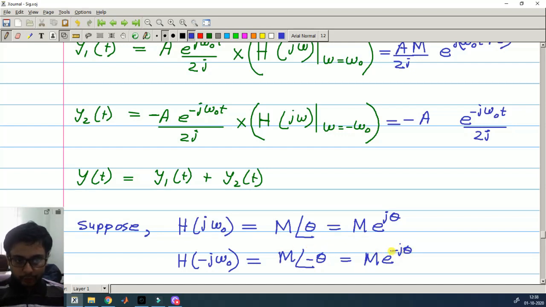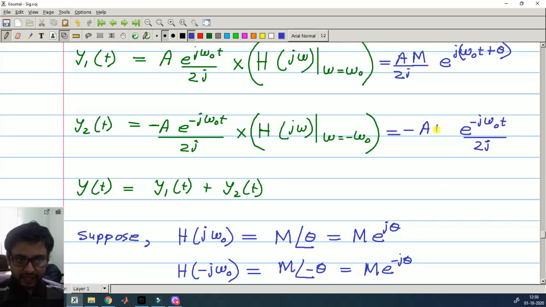Now when you multiply this number here, you will get m and e to the power minus j theta. If you write, these two exponentials can be written together as this plus theta.